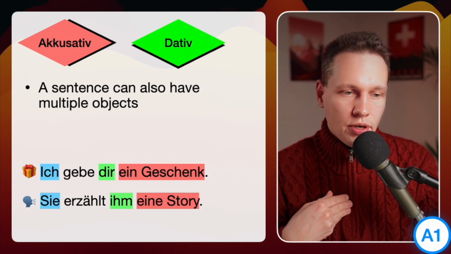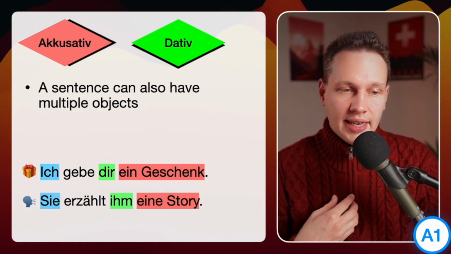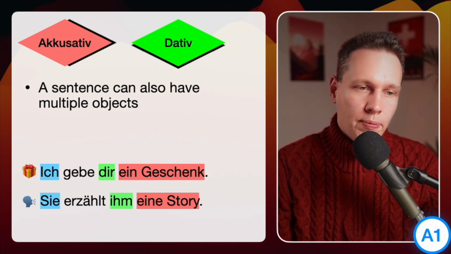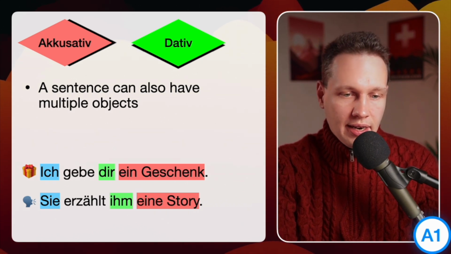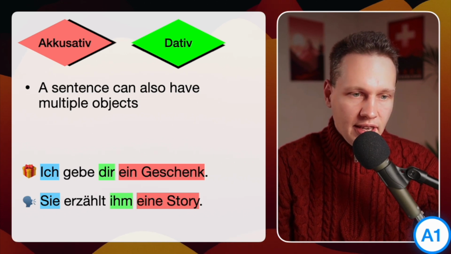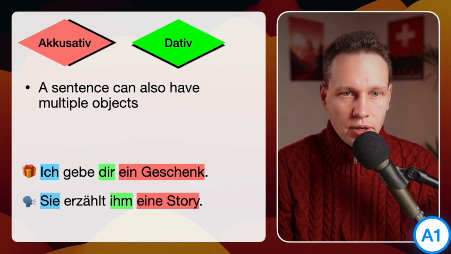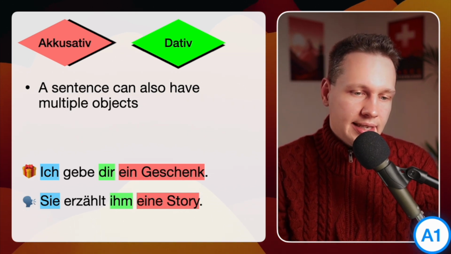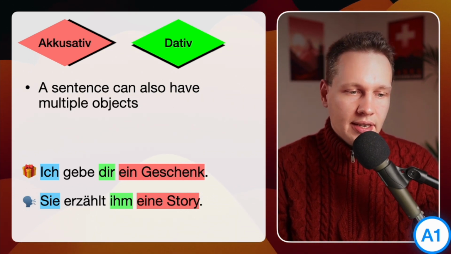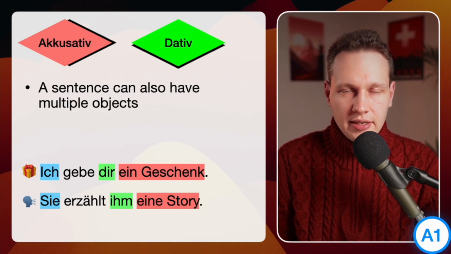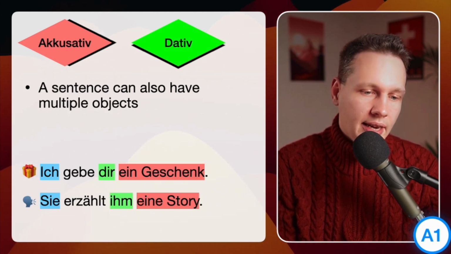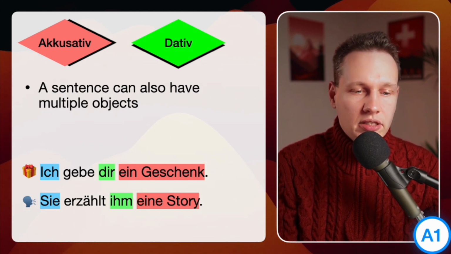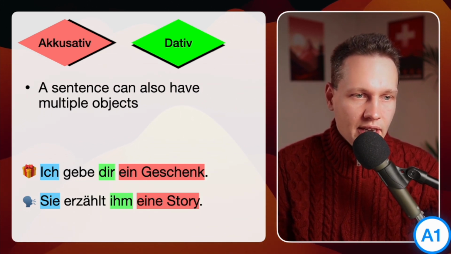Then ich, the person who is doing that, that is the nominative, is the subject. And ein Geschenk, a present, is the object that's getting transmitted, that is the accusative. And dir, the person receiving, is in the dative. And then sie erzählt ihm eine Story. That's kind of similar to the sentence we had earlier. She's telling him a story. And ihm is here in the dative, and the story is in the accusative case.